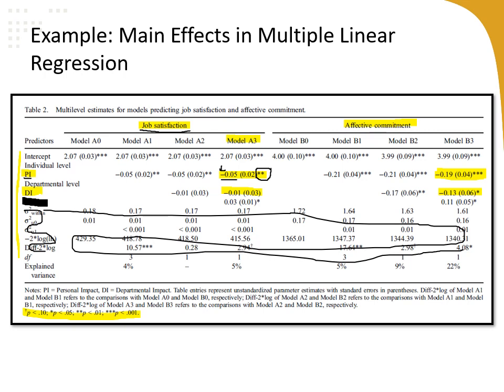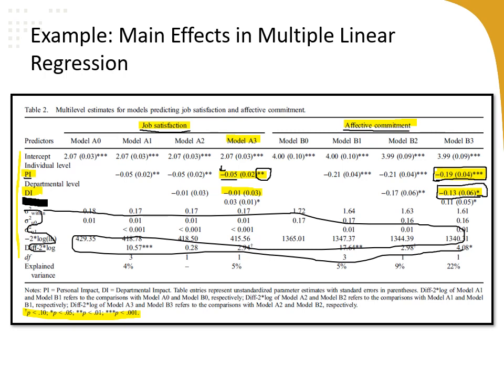When we simultaneously examine the personal impact and departmental impact, you can see that the personal impact is still significantly negatively related to affective commitment. And departmental impact is also related to affective commitment in a similar fashion, right? It's negative, it's a moderate relationship there.